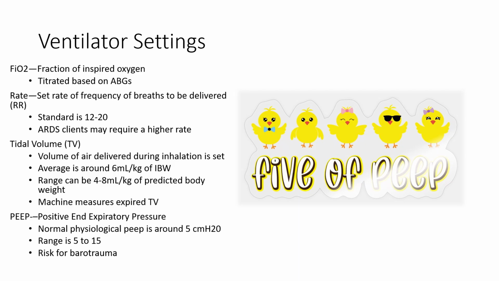Think about it. When we are on high doses of PEEP, that pressure is just going to build up in those alveoli, and eventually they're going to rupture. And this can lead to things such as additional atelectasis, subcutaneous emphysema.